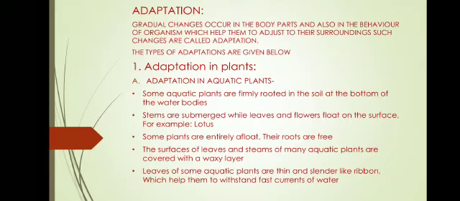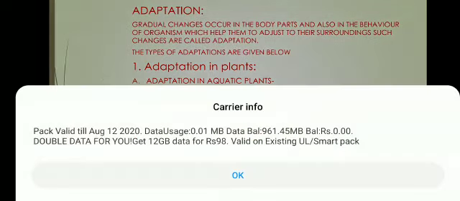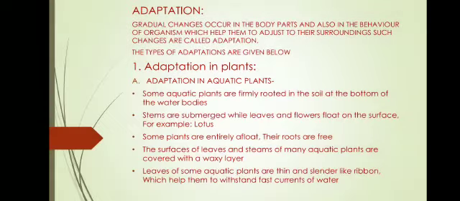The second characteristic is that their stems are submerged while leaves and flowers float on the surface. This means the stems are somewhat under the water, and flowers and leaves are above the surface.